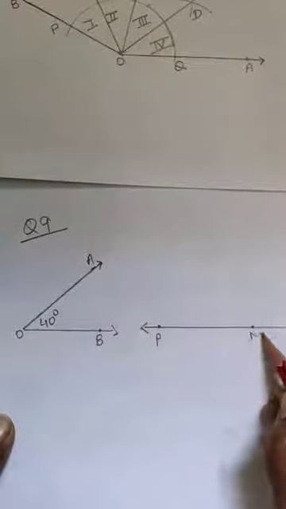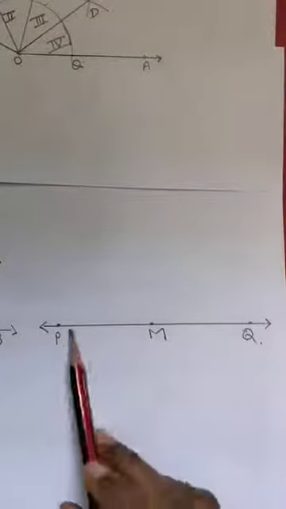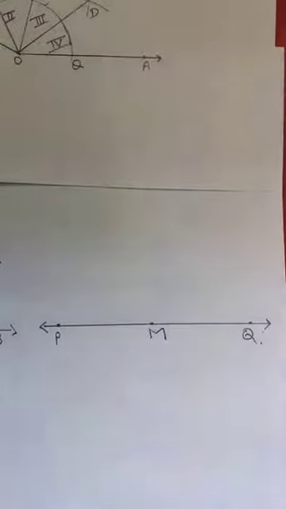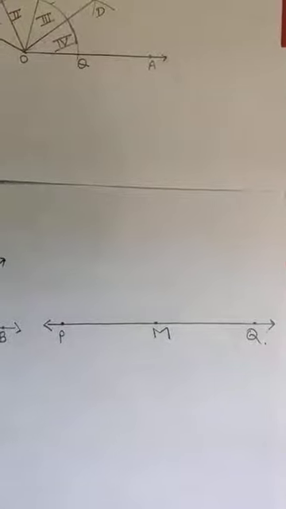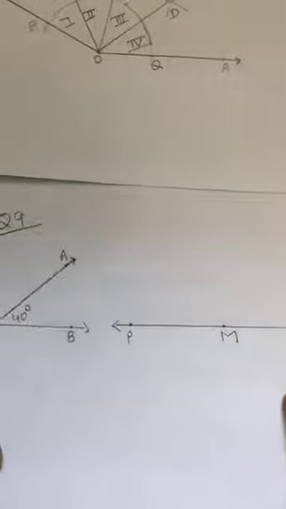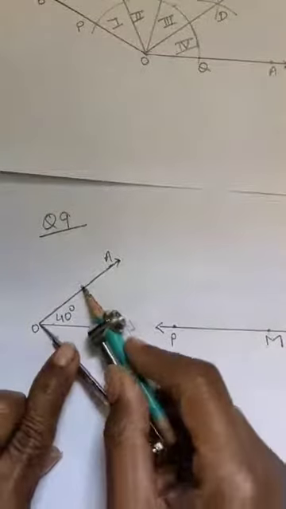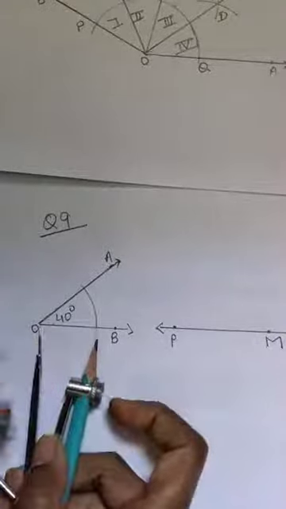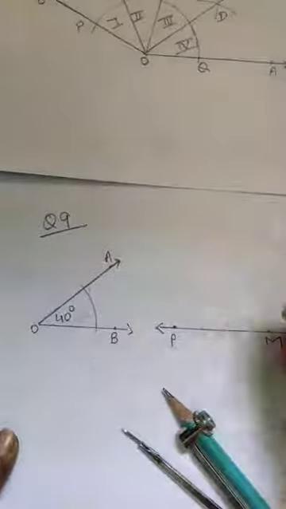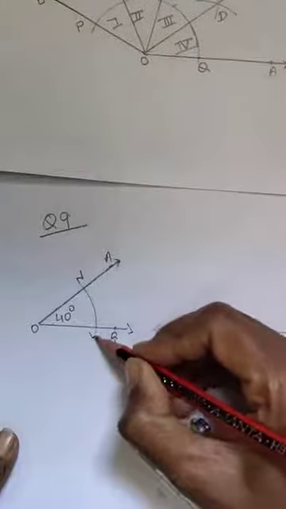Here I have marked a point M. See, this is your line PQ and here I have marked a point M. Now place the compass at O and draw an arc to cut the rays of angle AOB at 2 points L and N. You will place the pointer at O. Draw an arc like this which will cut both the rays at N and L.